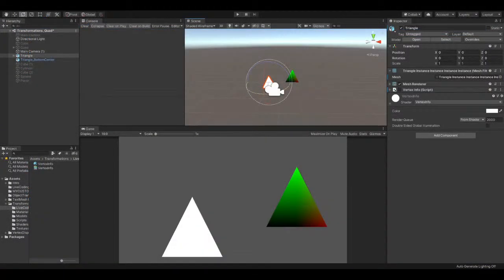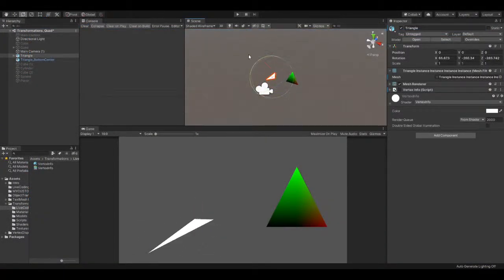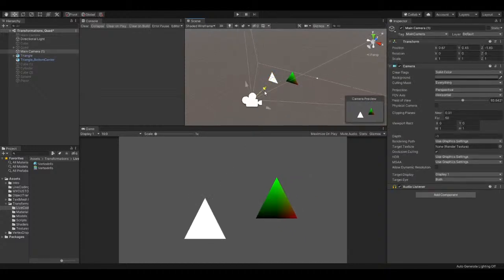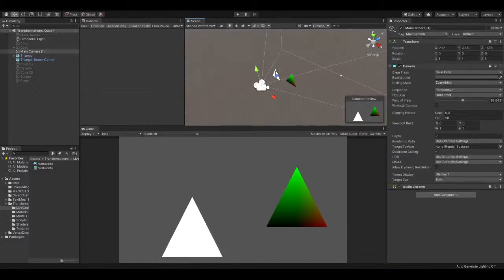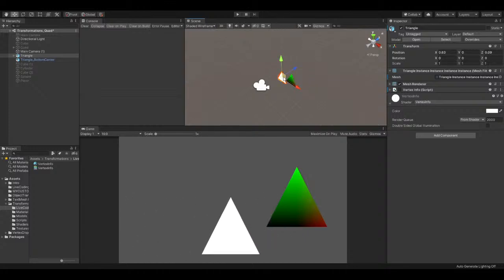When you go to Unity, this is what you get. Now it's looking proper because your camera is placed right here, your object is with reference to the camera, and it is also applying these transformations.